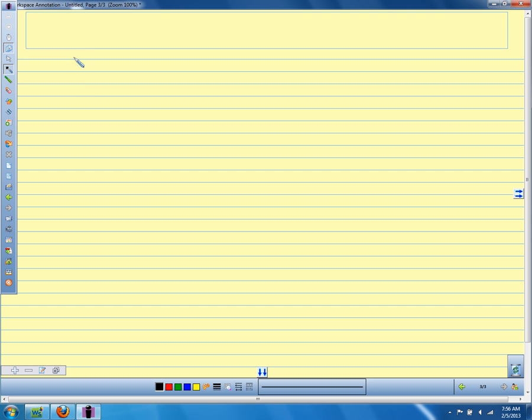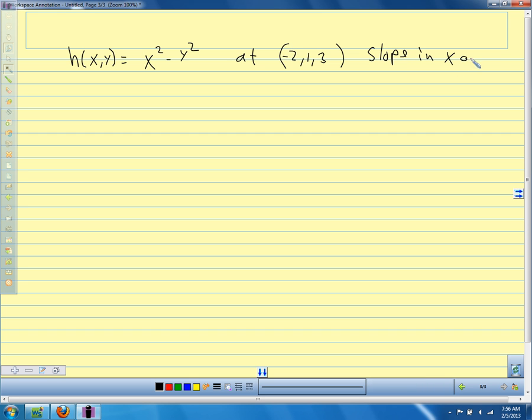We have h of xy equals x squared minus y squared. And we want to find the slope in the x and y direction at the point negative 2, 1, 3.